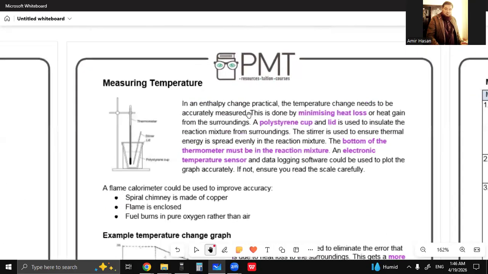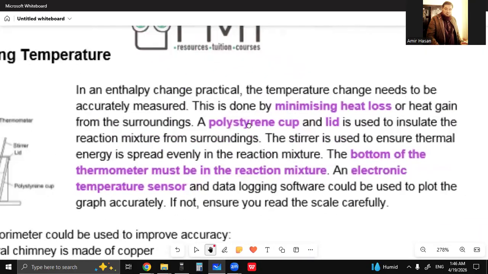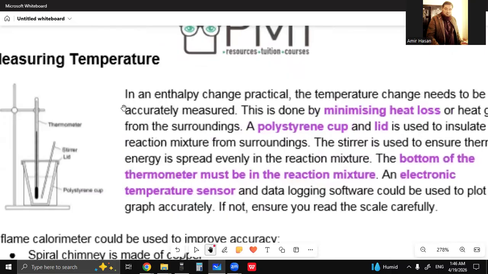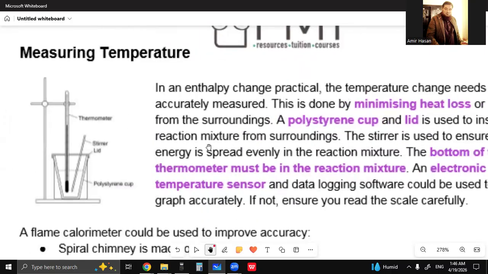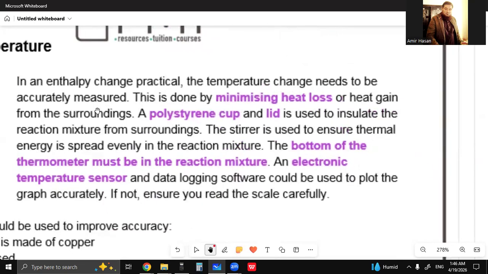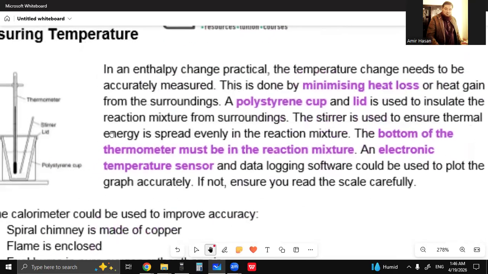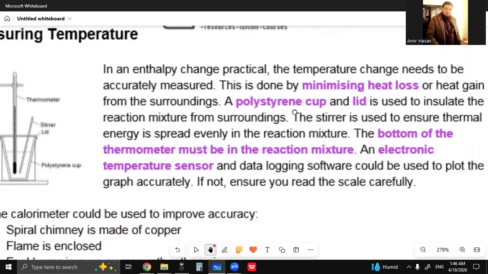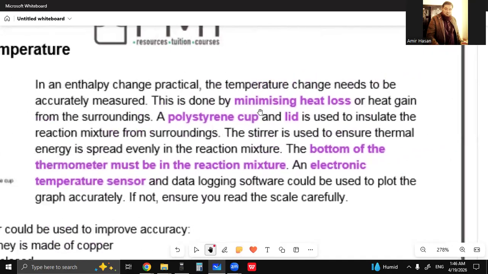Now here I am discussing how we calculate the enthalpy change and the temperature. First, there is measuring temperature. In an enthalpy change practical, the temperature change needs to be accurately measured. This is done by minimizing heat loss or heat gain from the surroundings.